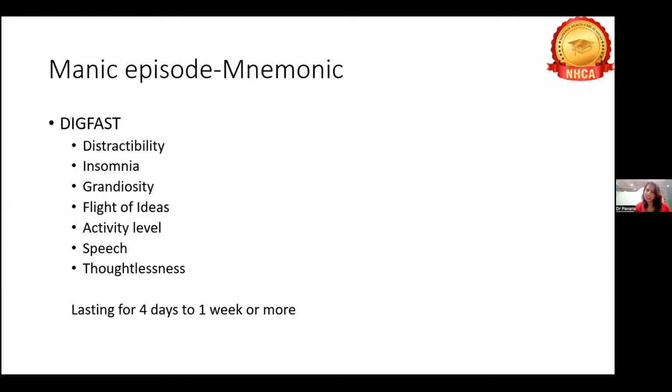Coming to grandiosity, it is making tall claims, which can be bizarre or non-bizarre. Bizarre, in the sense that the patient might claim, I'm the one who is responsible for the rain, I'm the one who controls the weather, from here I can control the traffic. These are grandiose ideas which are bizarre.